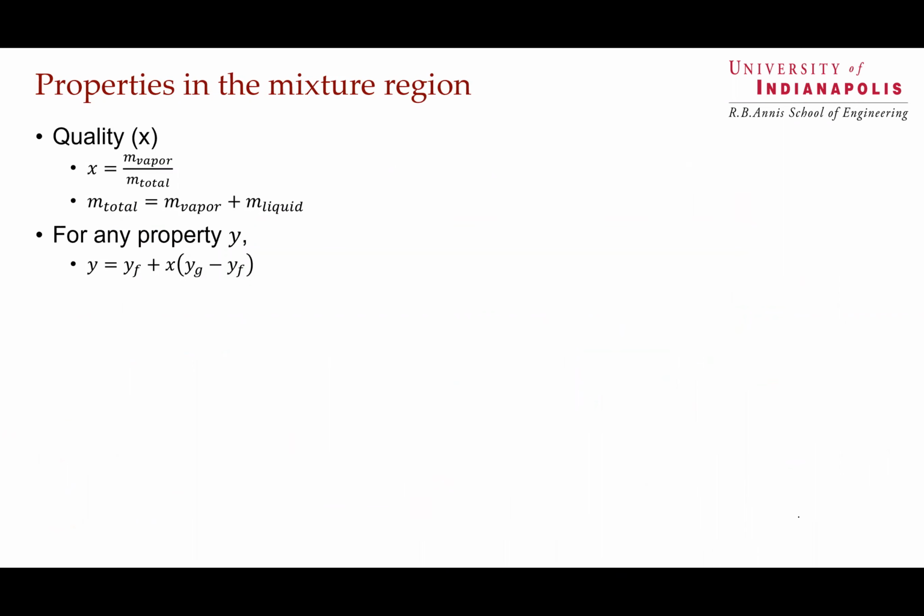So in the mixture region, to find the properties of the mixture region, you need a special treatment, a special property called quality. You may already know because you already covered thermo 1. Quality is, if you have a mixture of vapor and liquid together in an equilibrium state, this is vapor, this is liquid.